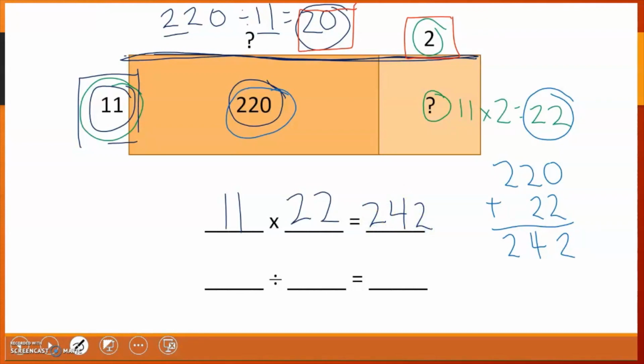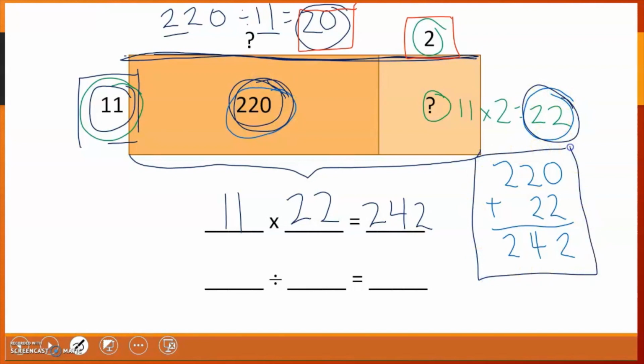So if we had a division problem, we would have to figure out what was the whole part. We know that it was 220 plus 22, which gave us 242. We're still dividing by the part over here, giving us 11, and that would give us a quotient of the part that was up here, which was 20 plus 2, giving us 22.